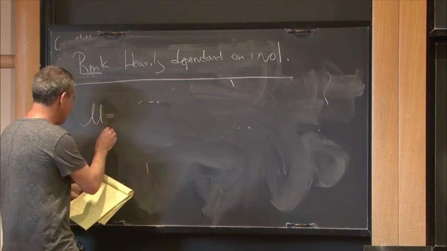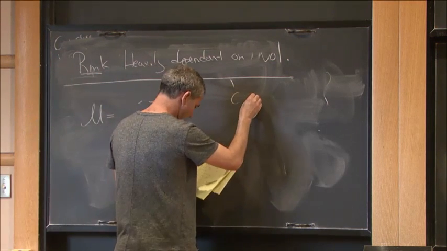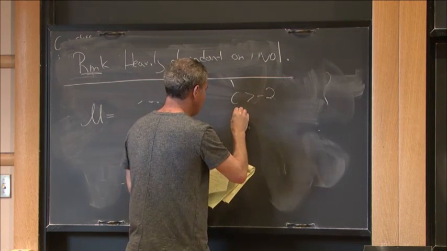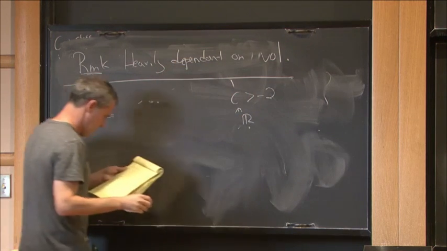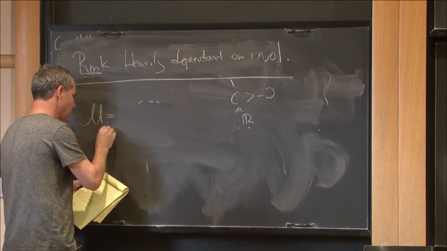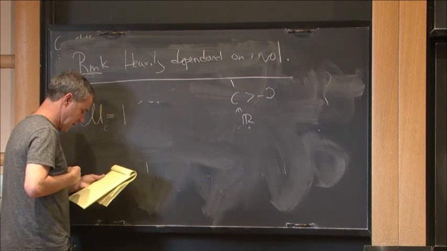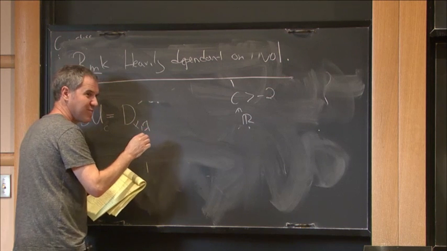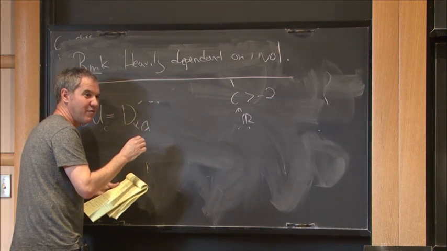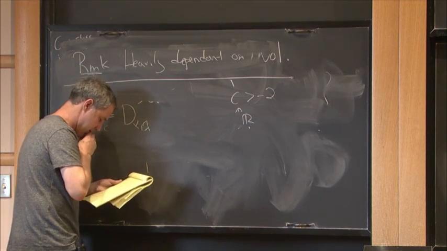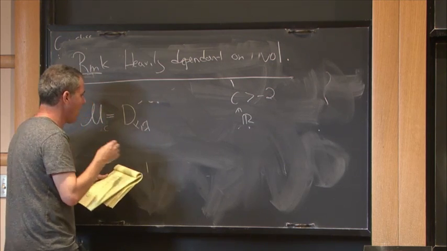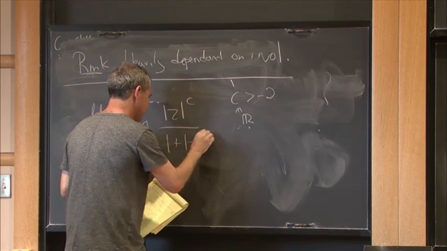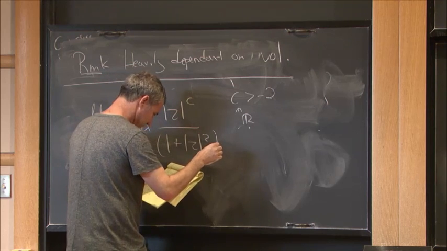So one type is, let's take c bigger than minus 2, c in R. We can have M_c, which is going to be hard to write. Let me just write something down and I don't know if it's going to be comprehensible, but I'll do my best.